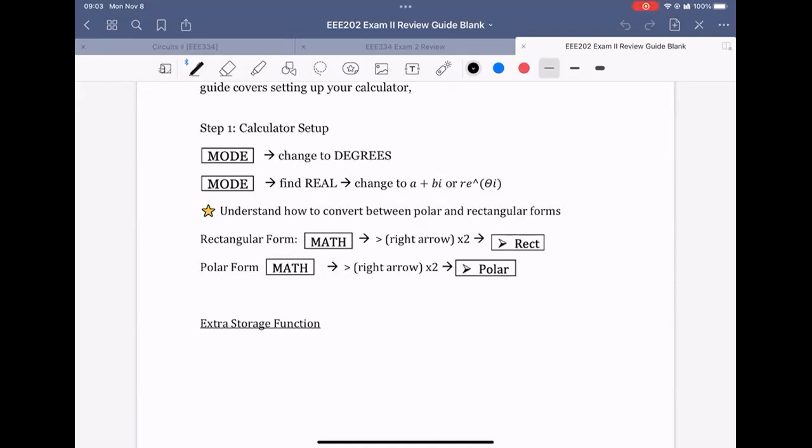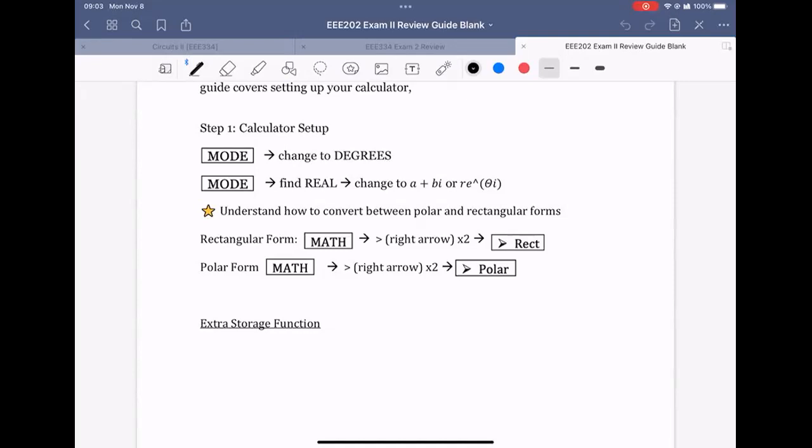So beginning here with calculator setup. Now I'm doing this with the TI-84. This should be the same with a TI-89 or anything around there, TI-83. I know we can't use Inspires, so that would be a different ballpark, but this should work for most people.